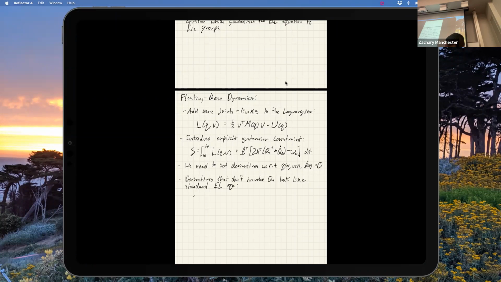So if I do this with respect to, say, the R naught, it looks super, super normal, like what we've seen in the past. So you get partial L, partial R naught times delta R naught plus partial L, partial R naught dot times delta R naught dot. We play our little integration by parts trick on the second term.